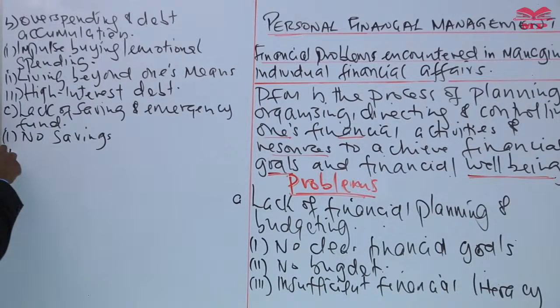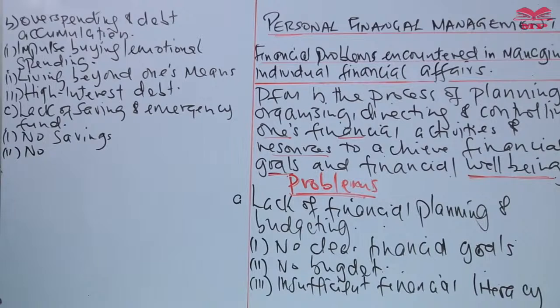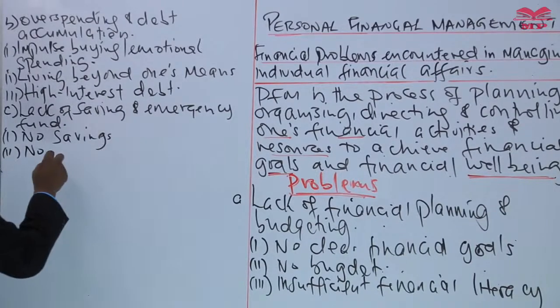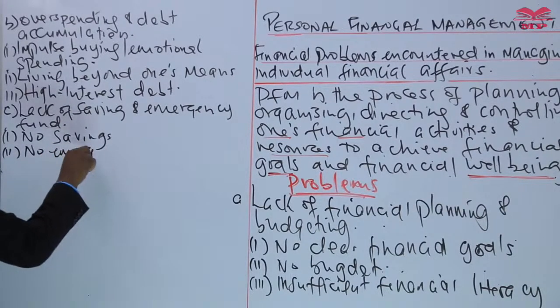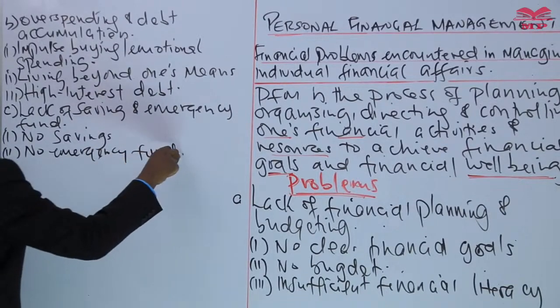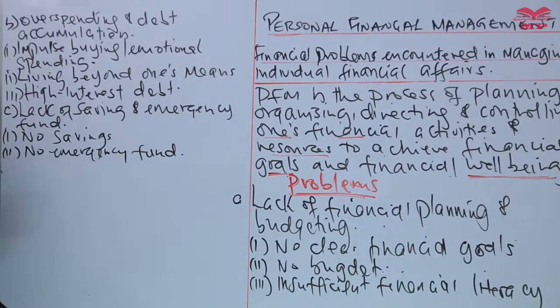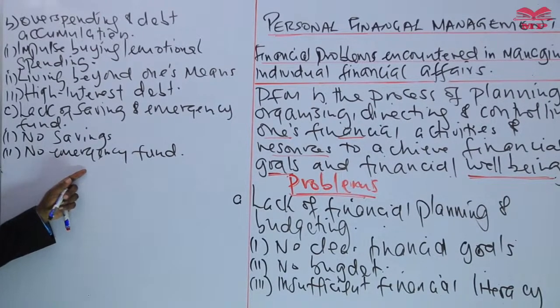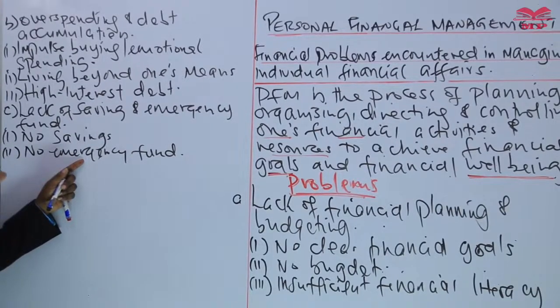Second, having no emergency fund. Because, candidates, emergencies in life are inevitable. So lacking an emergency fund can lead to relying on credit or taking out loans during unexpected circumstances.